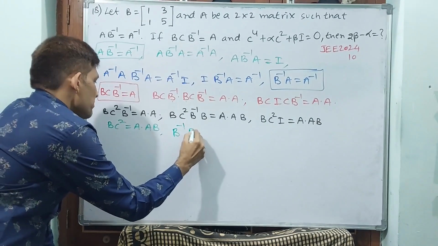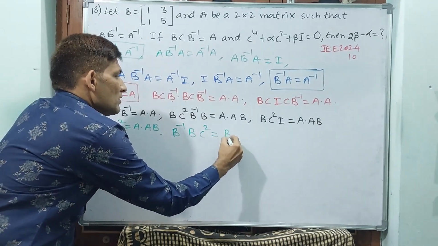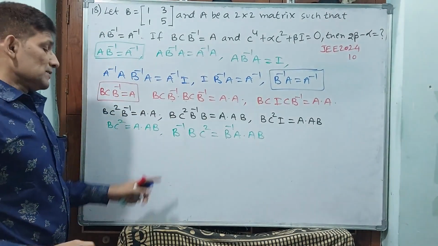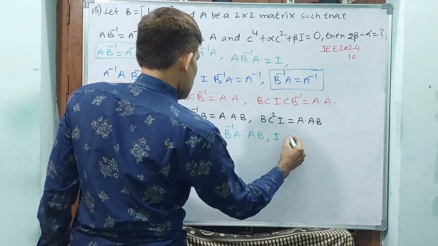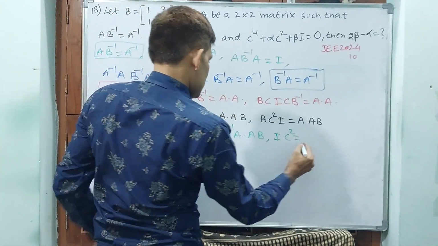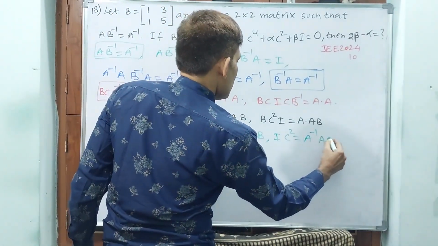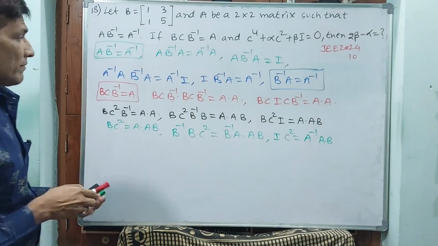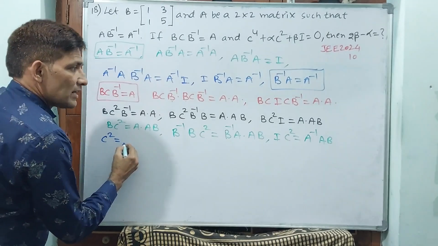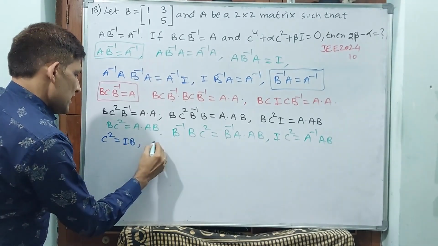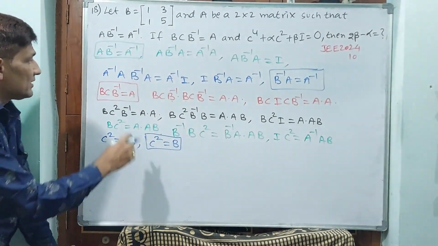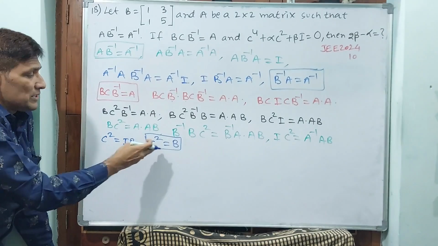B inverse B C square is equal to B inverse A B. B inverse B is again I, so C square is equal to B inverse A, and you have got now A inverse A B. A inverse A means I, so I B, again C square is equal to B.